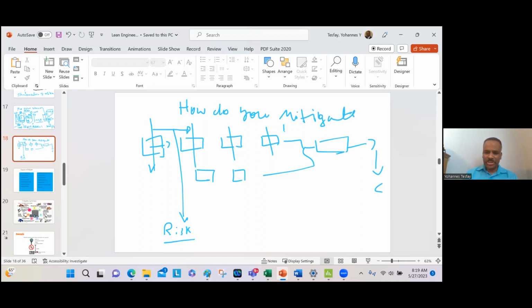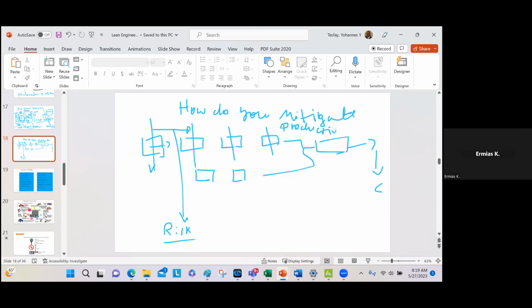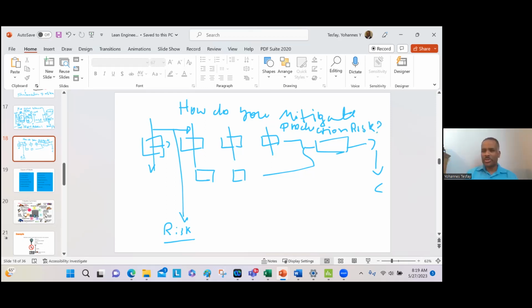Mitigate production risk: control and assurance system. Okay, see, use a control loop.